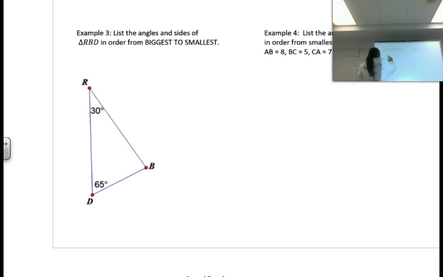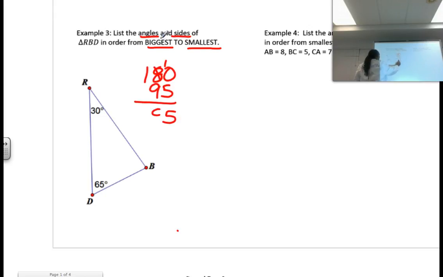Okay, now on this problem, they want us to list the angles and the sides in order from biggest to smallest. Well, that would be a little bit difficult because we don't have a measure here for angle B. We know R and D. So in order to find angle B, we have to add R and D, and then we get 95, and we subtract that from 180, since the triangle sum theorem. So this angle here, angle B, is 85 degrees.